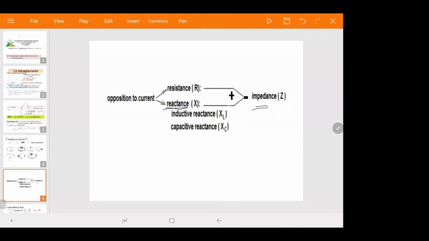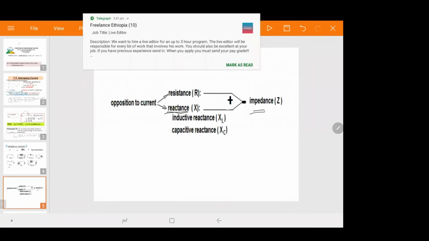The symbol for resistance is capital letter R. The symbol for reactance is capital X. And the symbol for impedance is capital letter Z. All right?